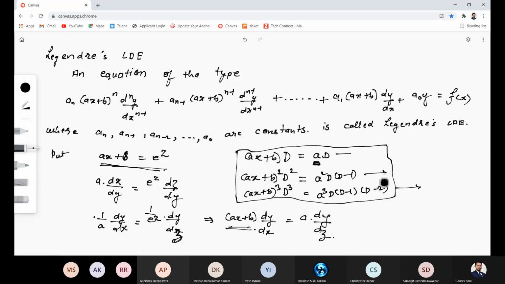So we'll solve one example on this immediately. A small example just to clear our understanding.